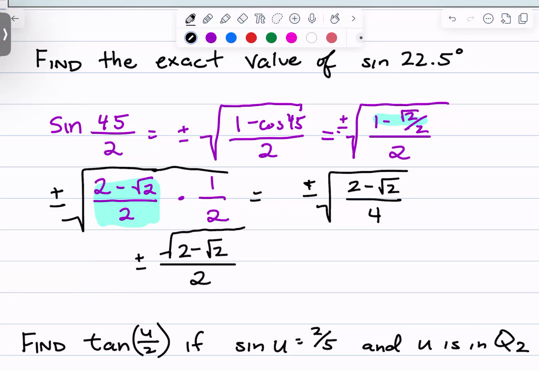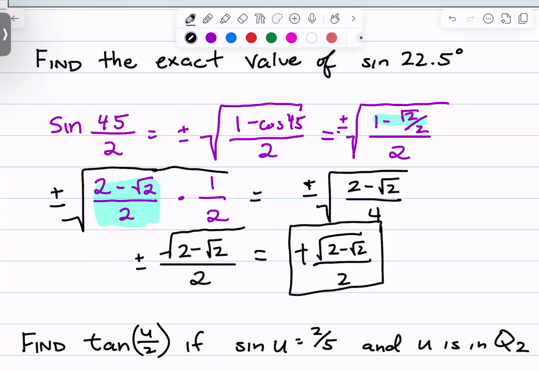In my first quadrant, my sign is positive. So this becomes positive square root of 2 minus square root of 2 over 4, over 2. Okay? Because it's in my first quadrant. 22.5 is in my first quadrant, where sine is positive. Okay?